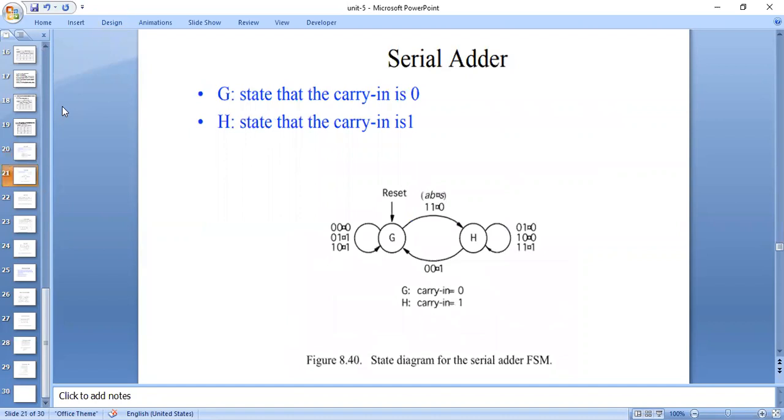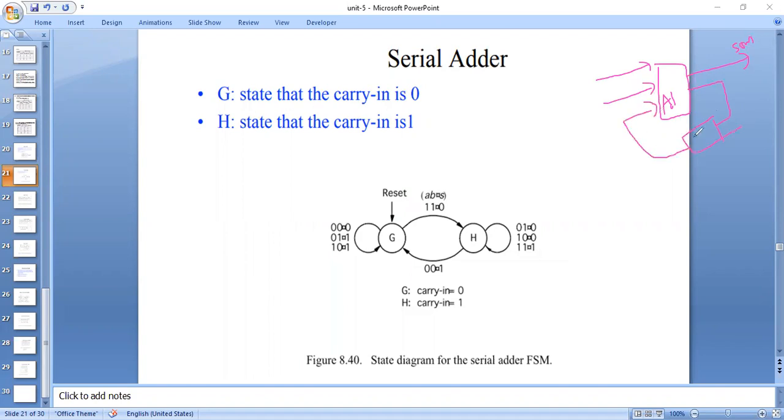So how can we draw the state diagram? From the previous block diagram, we need an adder circuitry. To this adder circuitry, we give two inputs, which are the two 4-bit numbers, and it will produce the sum, and another output is the carry. That carry will be stored and again applied as input to this full adder.